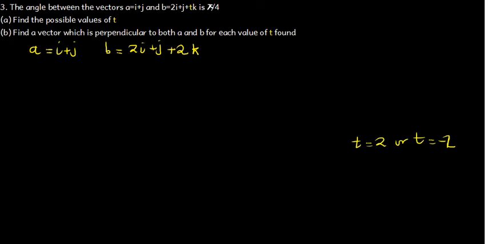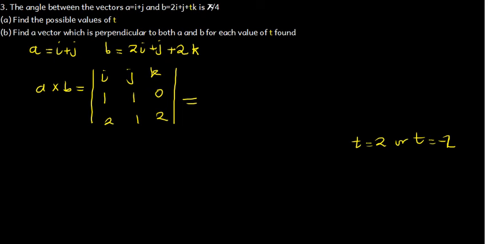That gives us the perpendicular vector. So a cross b is equal to, we write i there, j there, and then k there. The number in front of i for the vector a is 1, j is 1, k we don't have, 0. Number in front of the i, j, k in the other one, we have got 2, 1, and then 2. We find the determinant of that.